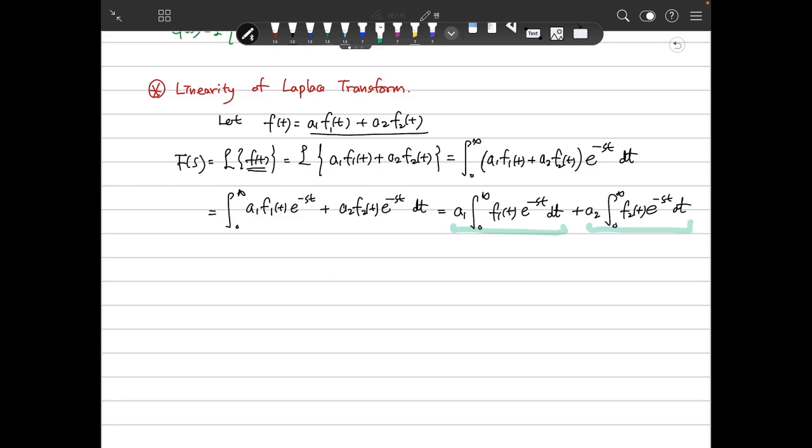Based on the definition, these are the Laplace transforms of f1(t) and f2(t). Therefore, we get a1 F1(s) plus a2 F2(s).